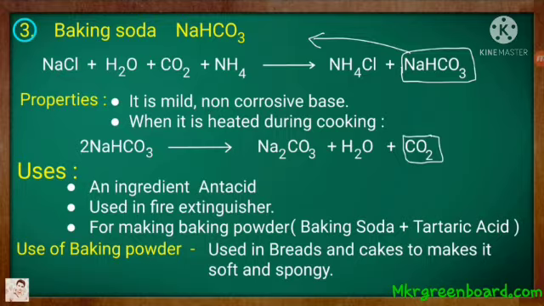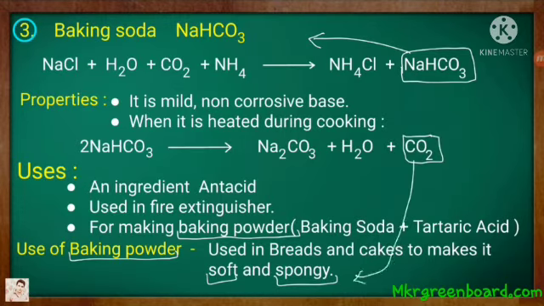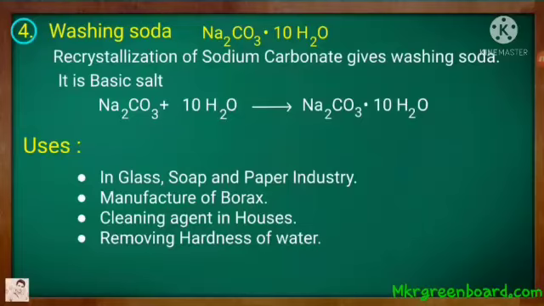Uses of baking powder: it is used in breads and cakes to make them soft and spongy. Mainly it is used in the manufacture of idli, dosa, cakes, bread to make them soft and spongy.